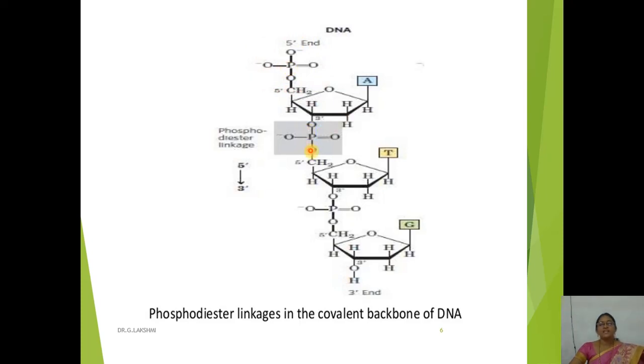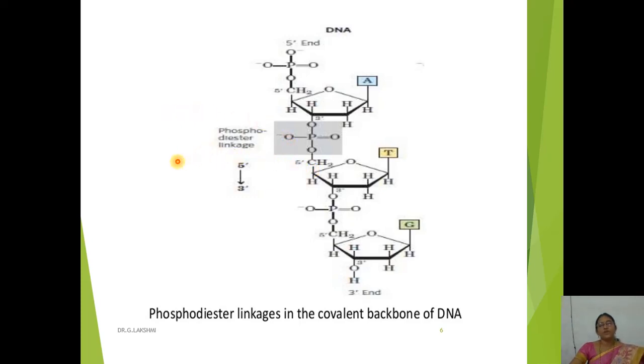Whereas the bond formation can be seen with the 3 prime hydroxyl group and the incoming 5 prime phosphate, thereby a phosphodiester bond is formed between the 3 prime hydroxyl group and the newly incoming triphosphate. So it is the two ester linkages that join the 3 prime hydroxyl group and the 5 prime carbon position of the sugar moiety, known as phosphodiester linkage.